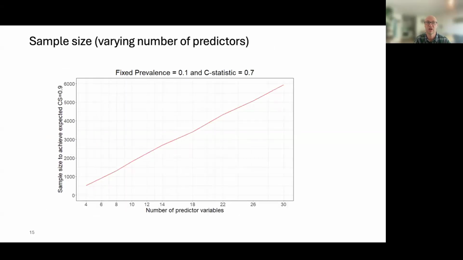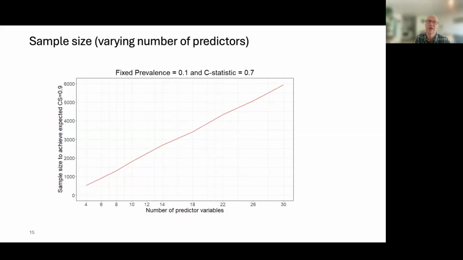And here is another plot where I kept prevalence and C statistic fixed and saw how the sample size would change with the number of predictors. That is intuitive, because if I have more things to estimate, then I would need more information to estimate them.